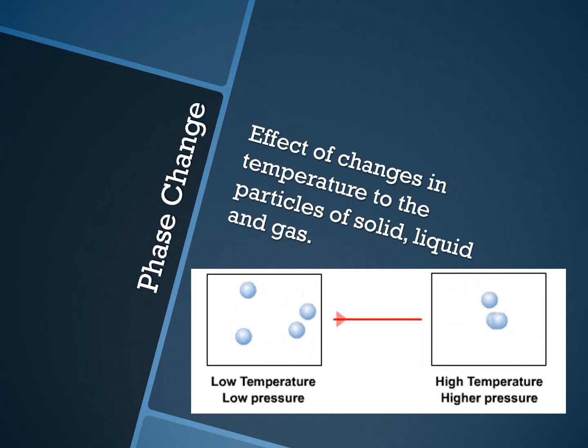On the left, at low temperature, the particles move slowly. When we increase the temperature of the surroundings, the high temperature causes these molecules to move, and you have to notice that they are farther apart from each other.